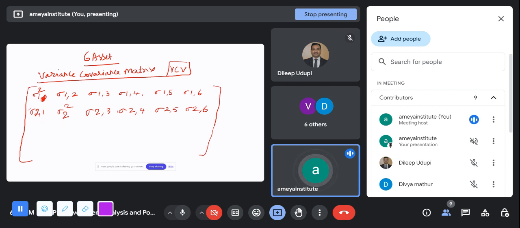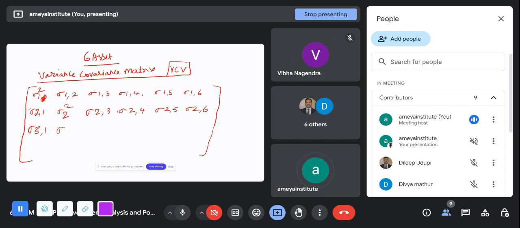Now, how many assets do we have to form? Six assets. What will be the third line now? The standard deviation of 3 comma 1, the third asset with the first asset, the variance covariance.